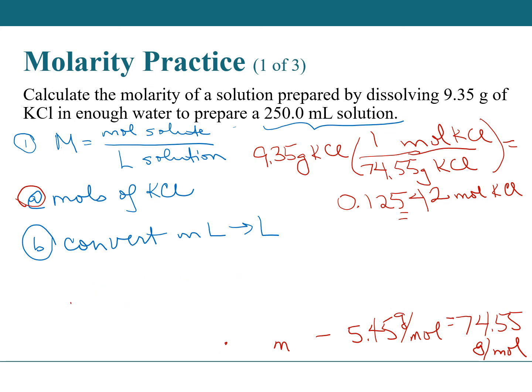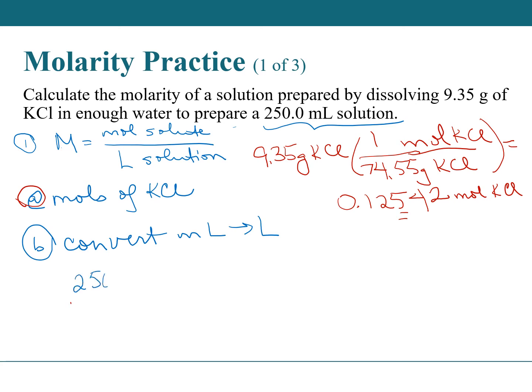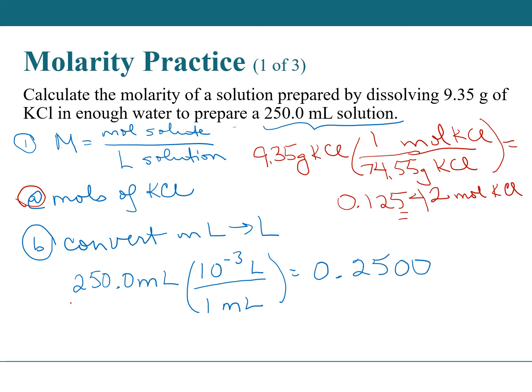Now that we've done that, before we can use our equation, we also need to convert milliliters to liters. So we know that the volume is 250.0 milliliters. For every 1 milliliter, it's the same as 10 to the minus 3 liters. So that's going to be equal to 0.2500 liters. These zeros are significant, so don't drop them.